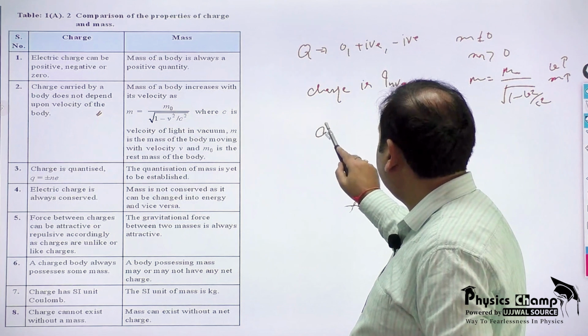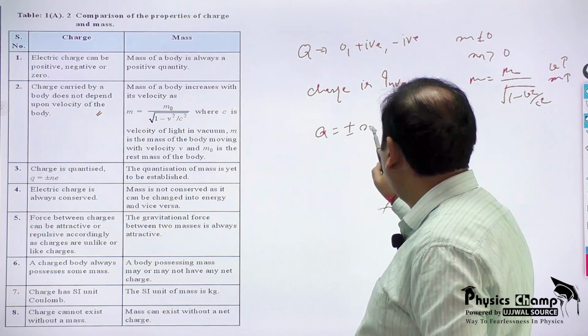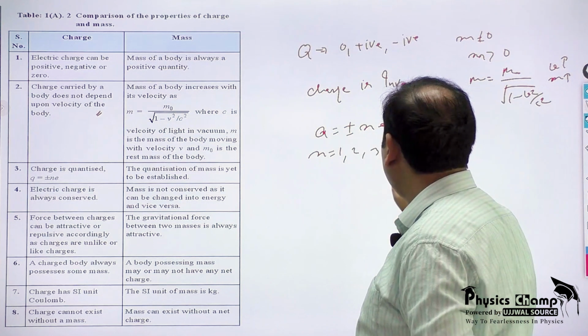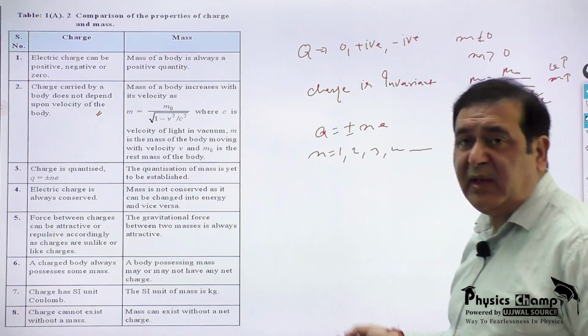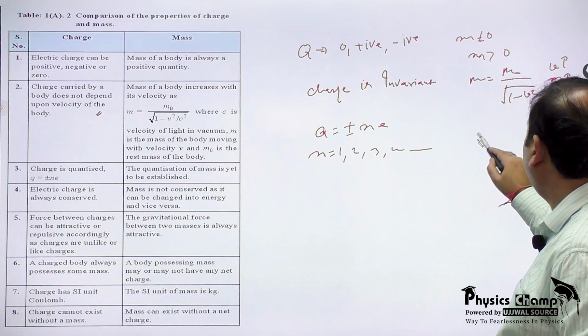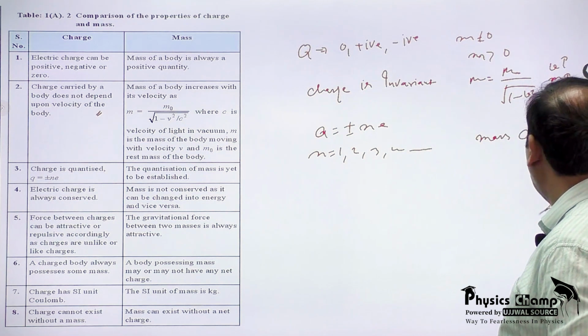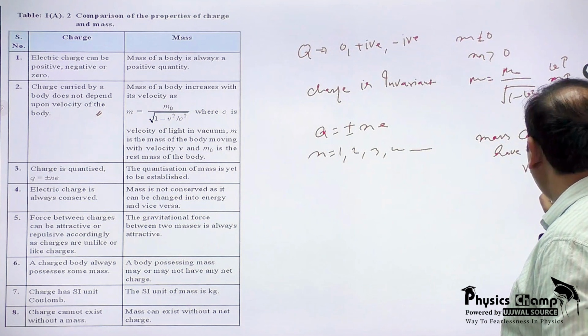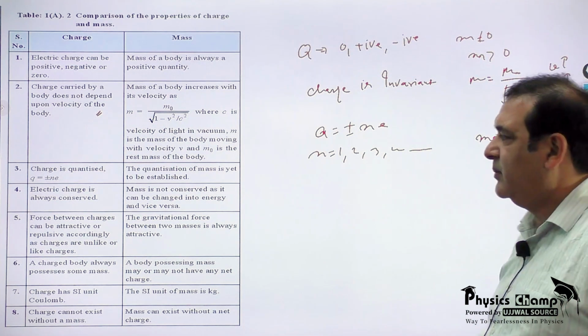Charge is quantized, where the value of n can be 1, 2, 3, 4, and so on, whereas mass can have any value. So there is no quantization of the mass.